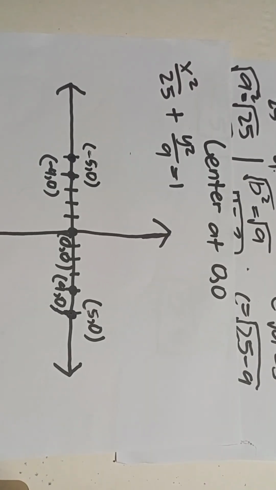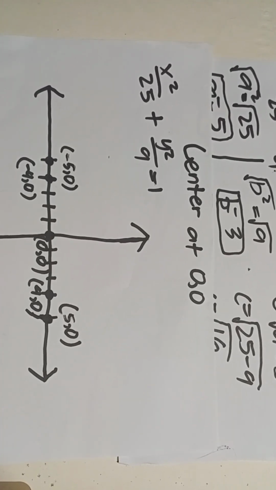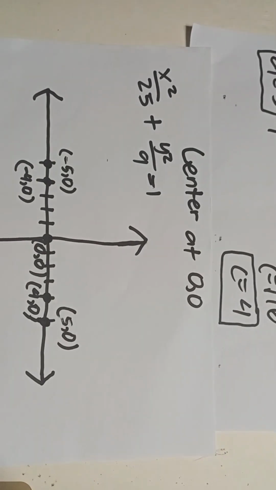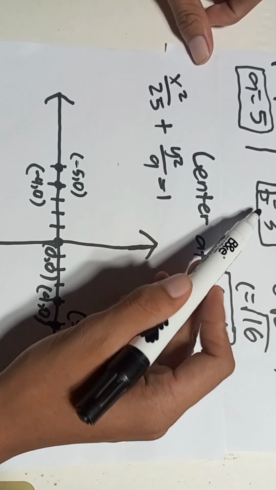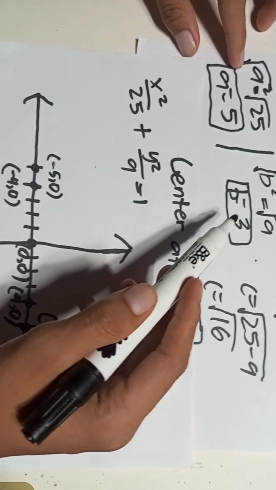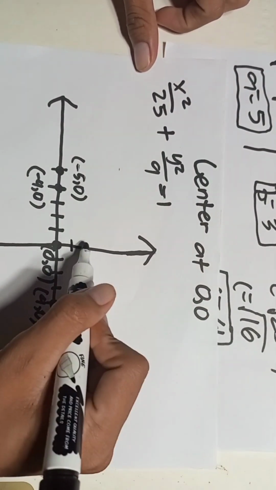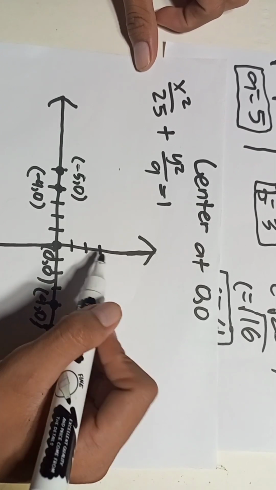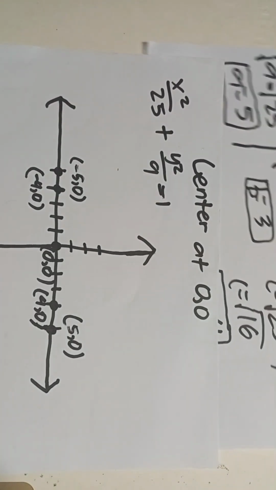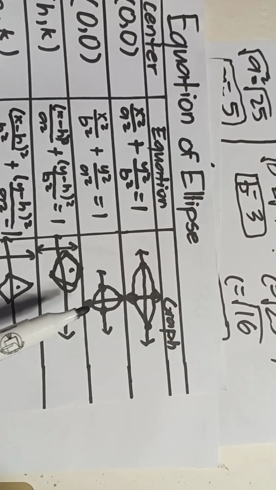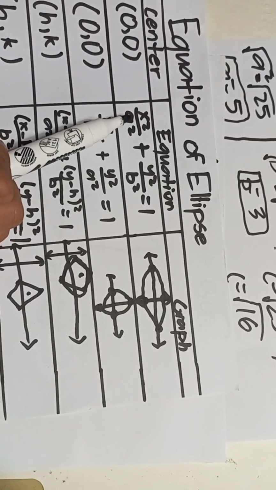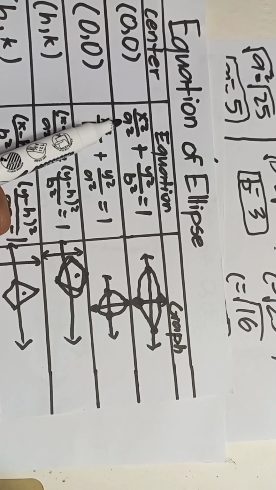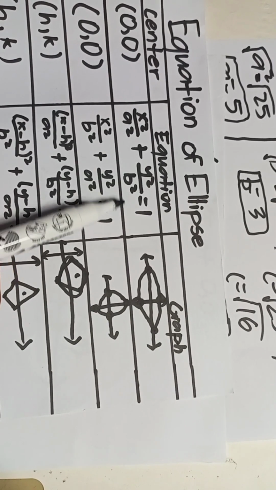Now we are going to find our co-vertices. Our co-vertices are equivalent to our b, which is 3. So 1, 2, 3. Our expected graph is graph number 1, where the equation we use is x squared over a squared plus y squared over b squared equals 1.